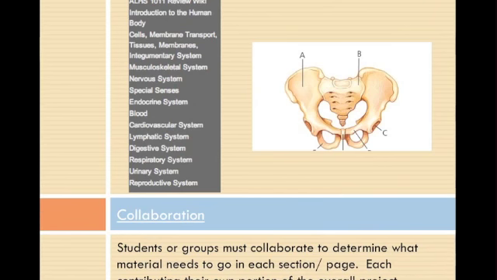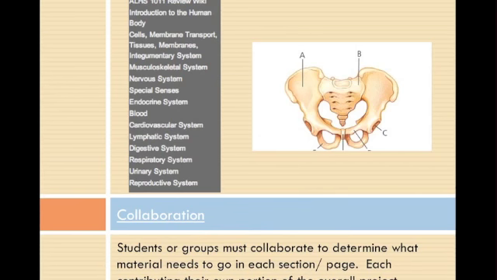substantial their review is. As you can see, there are several different pages that I created, including introduction, cell membrane transport, integumentary, musculoskeletal. All the different body systems are represented, and my goal would be to divide the class into groups where they each have an individual body system for which they create the review.